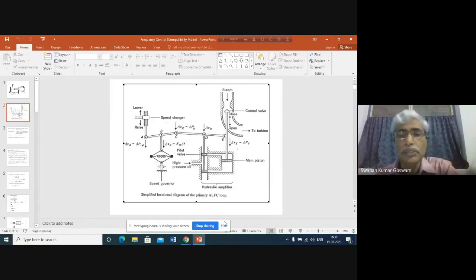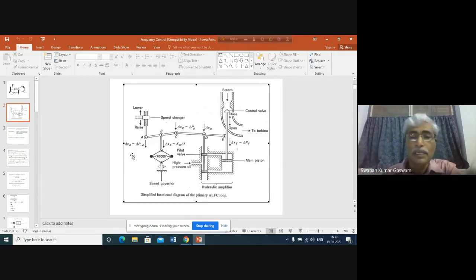Okay, and this is automatic because, except for one point, as we have discussed and shall discuss again today, where we give a power increase or decrease command, the whole process of the frequency control mechanism is performed automatically. That's why it is called automatic load frequency control.